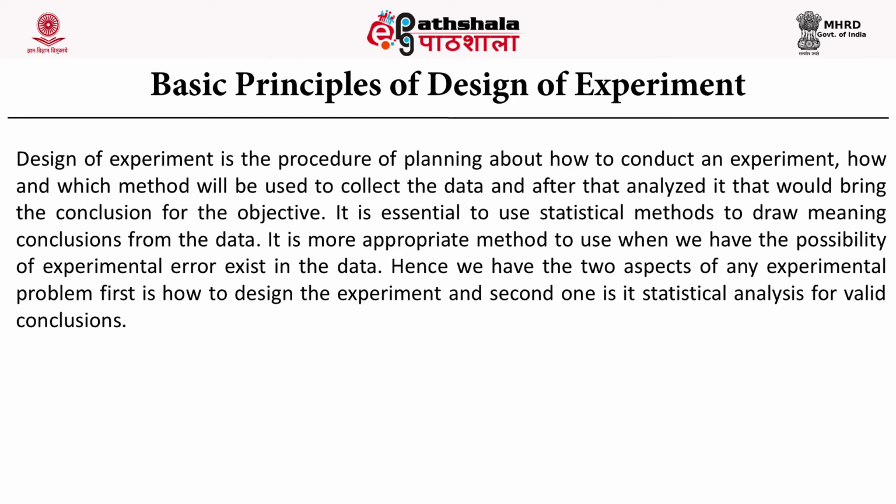It is essential to use statistical methods to draw meaningful conclusions from the data. It is the more appropriate method to use when the possibility of experimental error exists in the data. Hence, we have two aspects of the experimental problem. First is how to design the experiment, and second is its statistical analysis for valid conclusions.